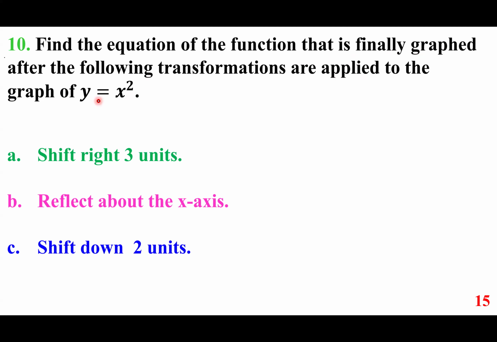So we are given this graph y equals x squared, and we are going to make changes. We are going to shift it 3 units to the right. So that means x becomes x minus 3. So f of x is x minus 3 squared.